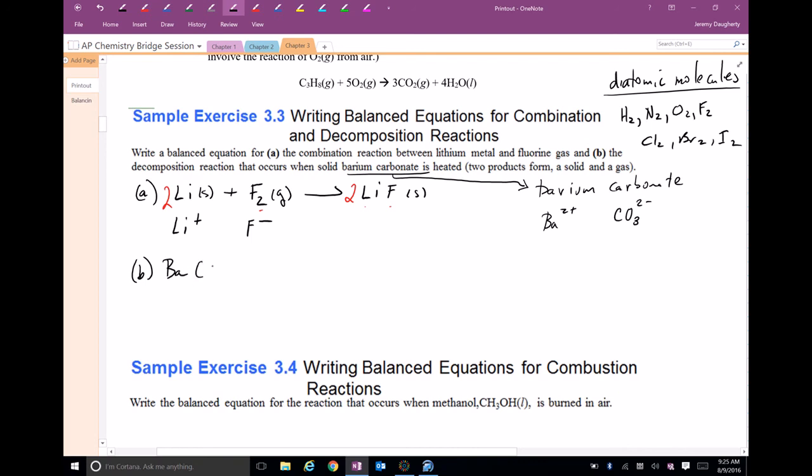It's an ionic compound, so what state of matter is it more than likely? Solid. Barium carbonate is being heated in this case, so let's draw a yield symbol. Since it's being heated, we're going to put a triangle over the yield symbol.